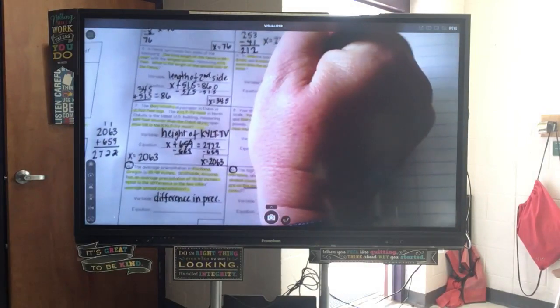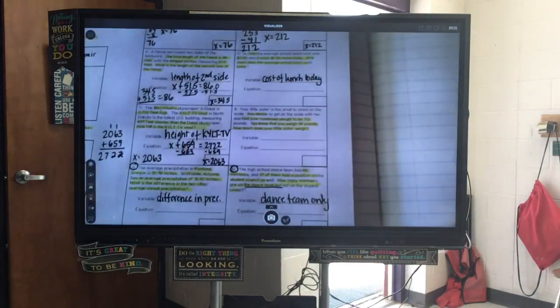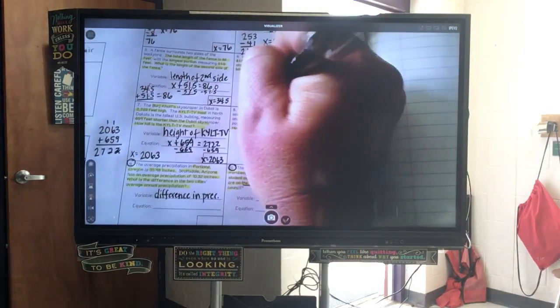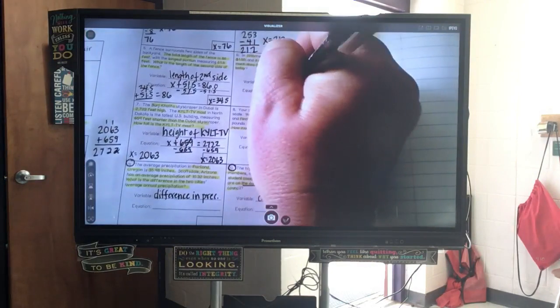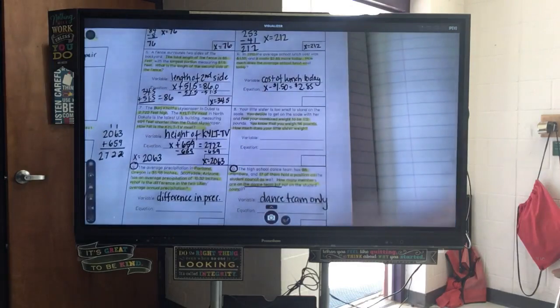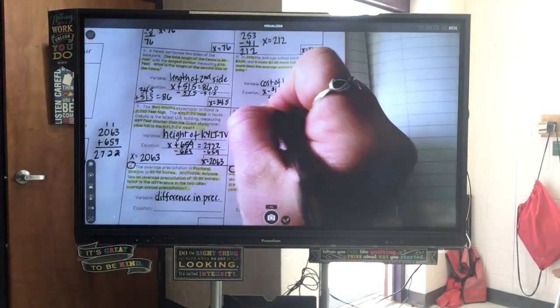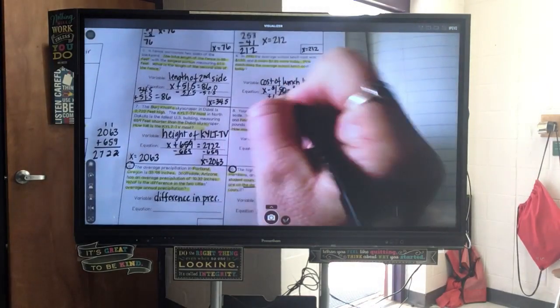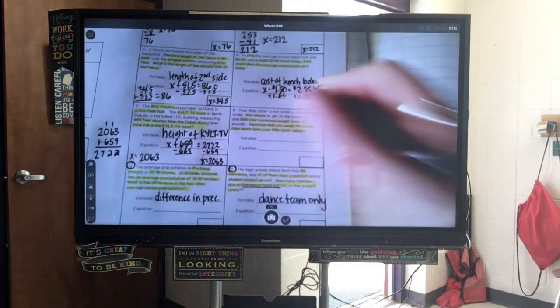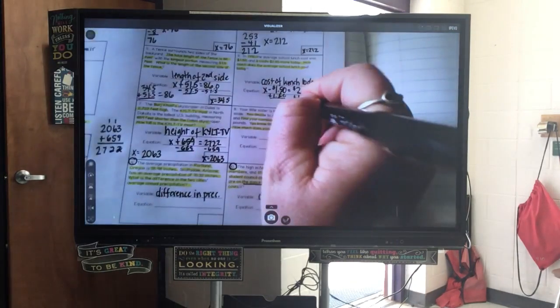What was your equation? X minus 1.5 equals 2.85. Alright, what did you do to solve this problem? I added 1.5 to make that go away, and then I added 1.5 to 2.85. And you got?